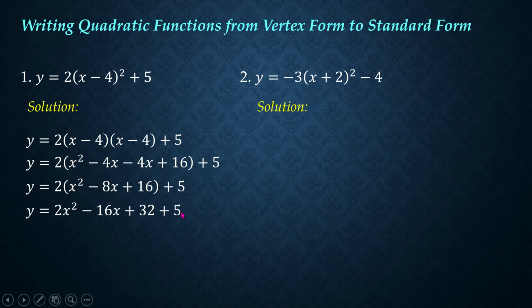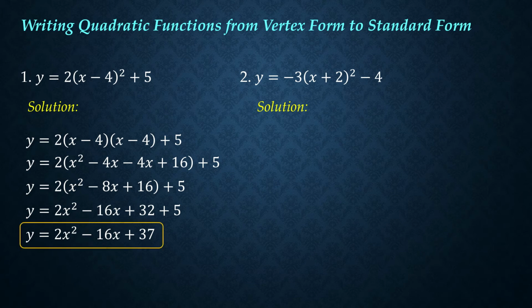Then copy plus 5. From this part of the solution, we will add the two constants 32 and 5. So it will give us y is equal to 2x squared minus 16x plus 37. That would be our final quadratic function written in standard form.